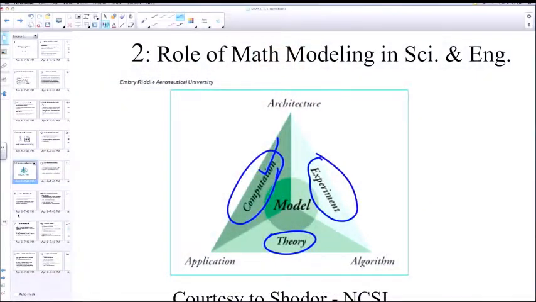In a lot of situations, you can neither prove it nor experiment on it. So what you're going to do is use the computer to simulate the phenomenon. This course, by the way, is also titled Introduction to Computational Science. Our focus is on the third leg of science.